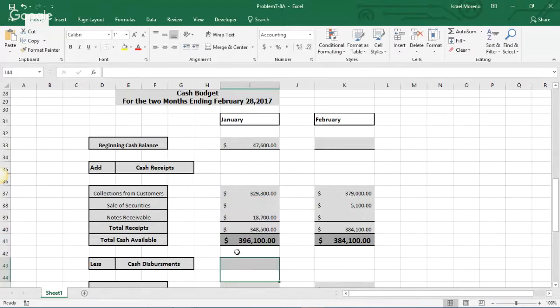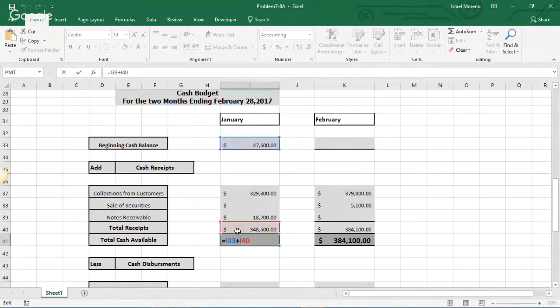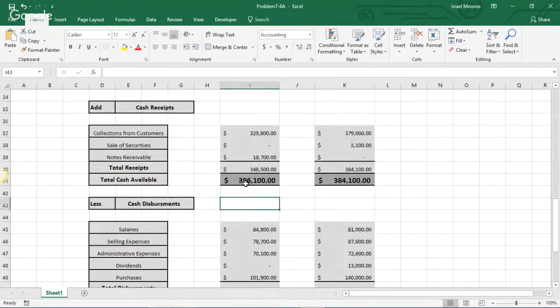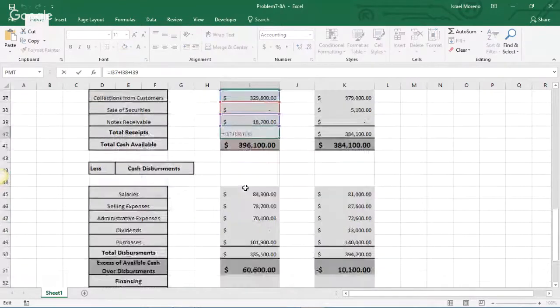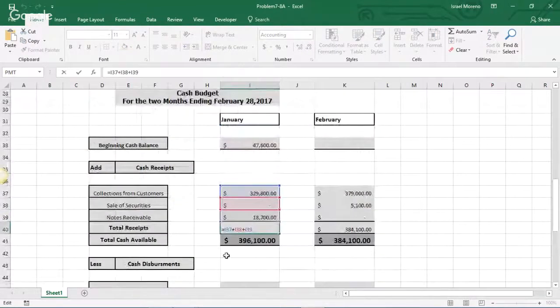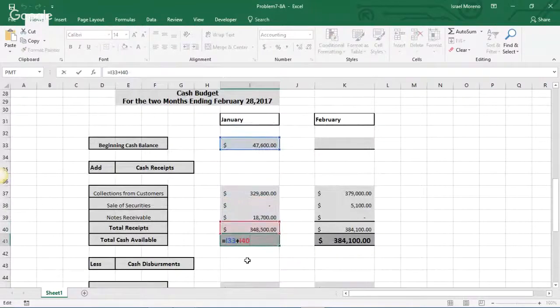After we do that, you want to get the total cash available, which you get by adding the total receipts to the beginning cash balance.